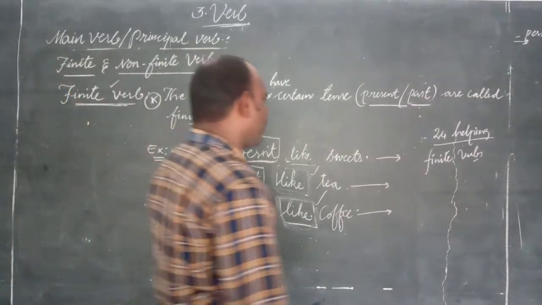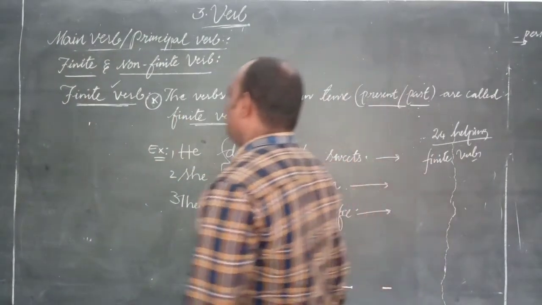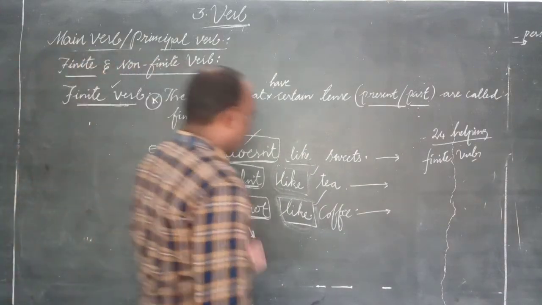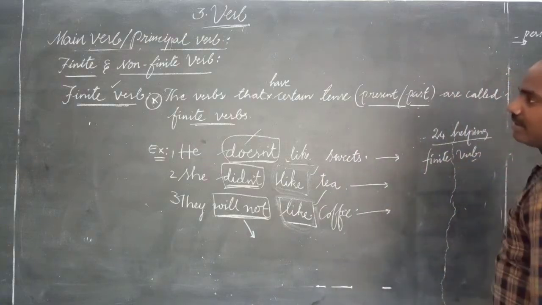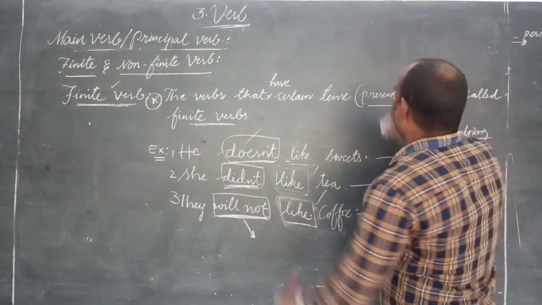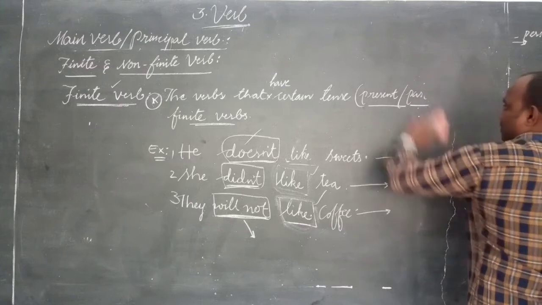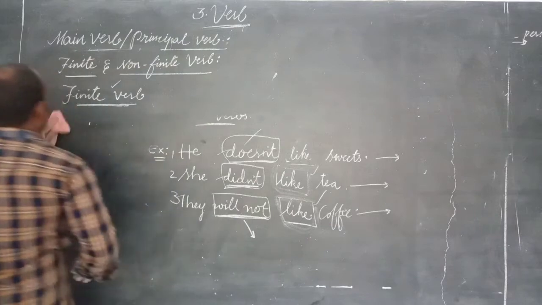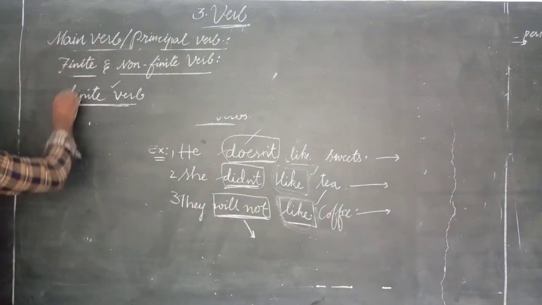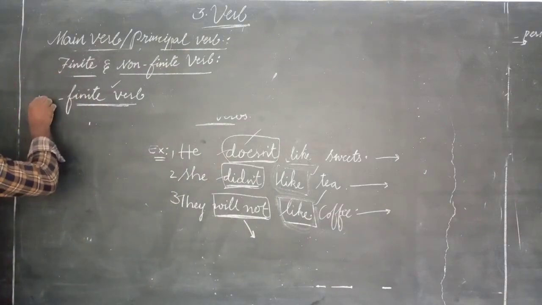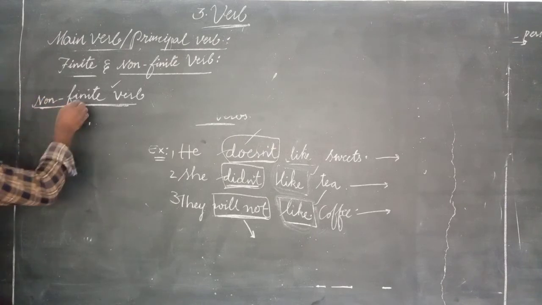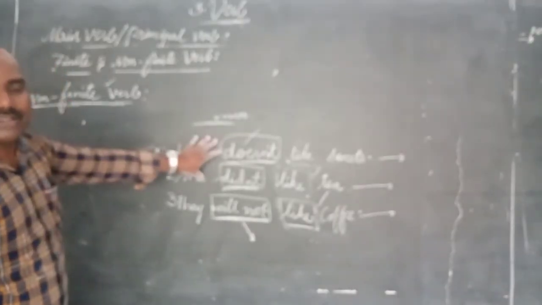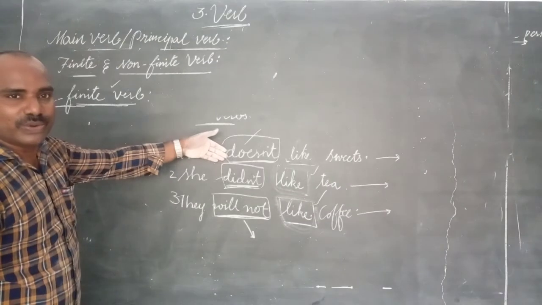But what are non-finite verbs? Same definition for non-finite also. Non-finite verb means completely contrary, that means opposite to a finite verb.